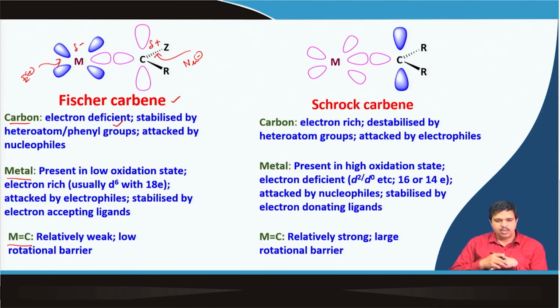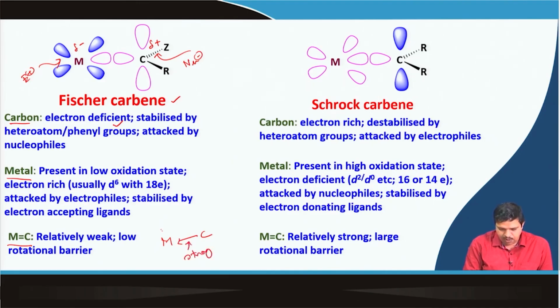In the Fischer carbene, the metal-carbon bond is basically in between single and double, because the sigma donation is strong but the back bonding is weak.